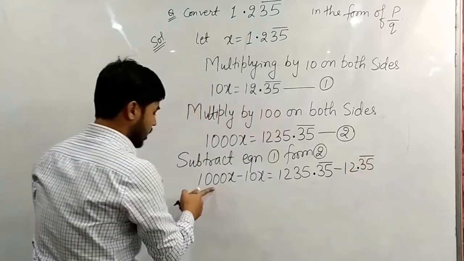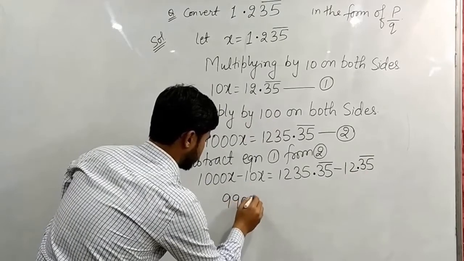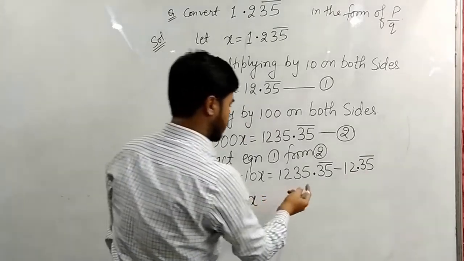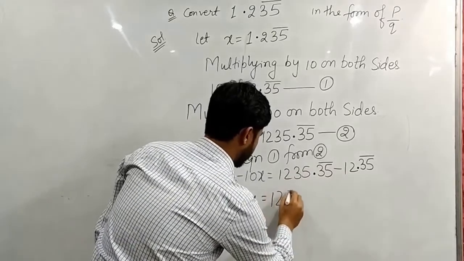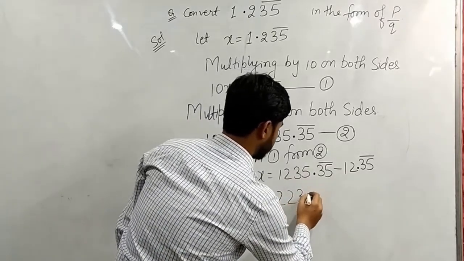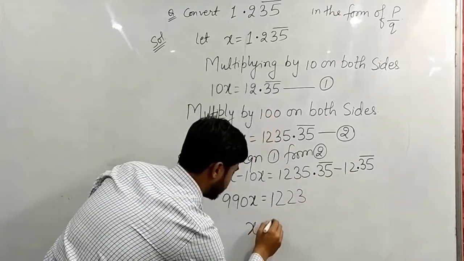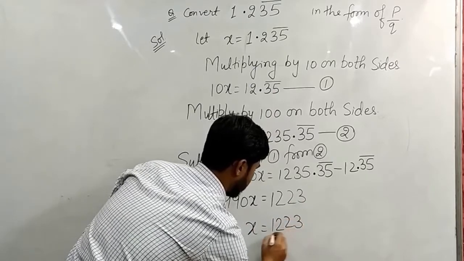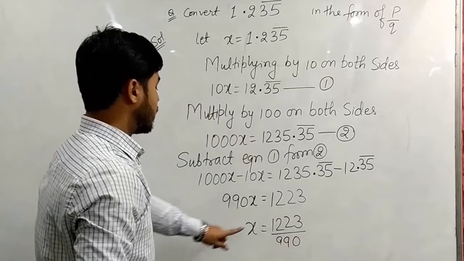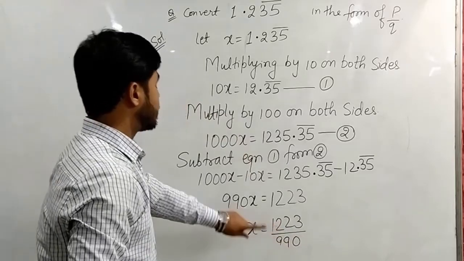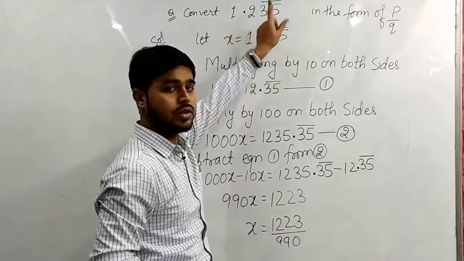Now 1000x minus 10x is 990x, and on this side if I subtract 12 from 1235 it is 1223.0. I'm not writing that, so x will be equal to 1223 upon 990. So 1223 upon 990 is the P by Q equivalent of 1.235 with the bar on 35.